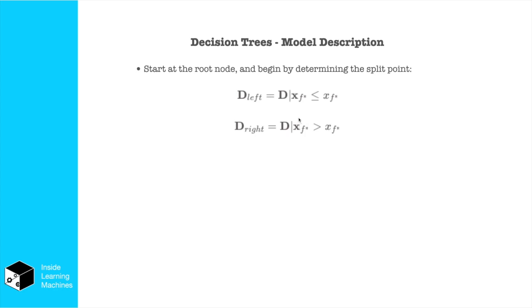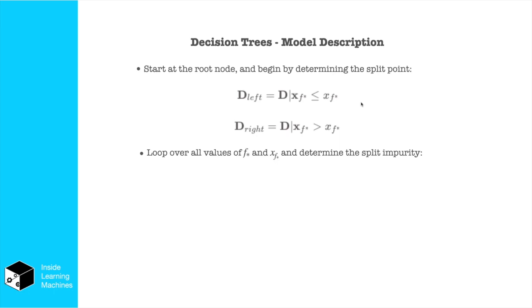Conversely, all the values within our feature F star that are greater than our cutoff x F star, we allocate to the right. This split is done on a row basis. So D left and D right all have the same number of columns. It's just the number of rows that changes.